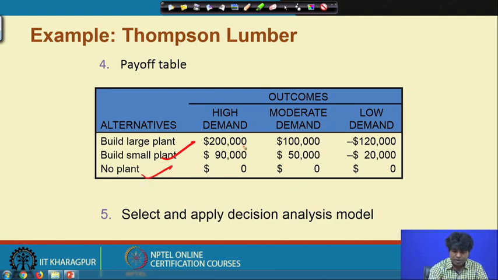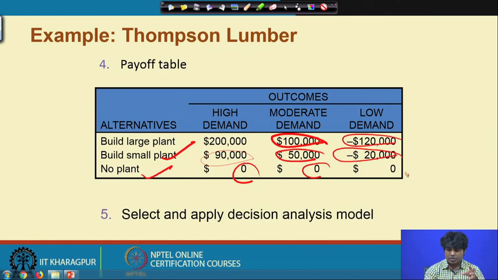In the case of high demand, this is 200,000, then 90,000, and 0. Similarly in the case of moderate demand, for a large plant we have 100,000, for a small plant 50,000, and for no plant 0. And in the case of low demand, the large plant has an outcome of minus 120,000, the small plant minus 20,000, and no plant 0.